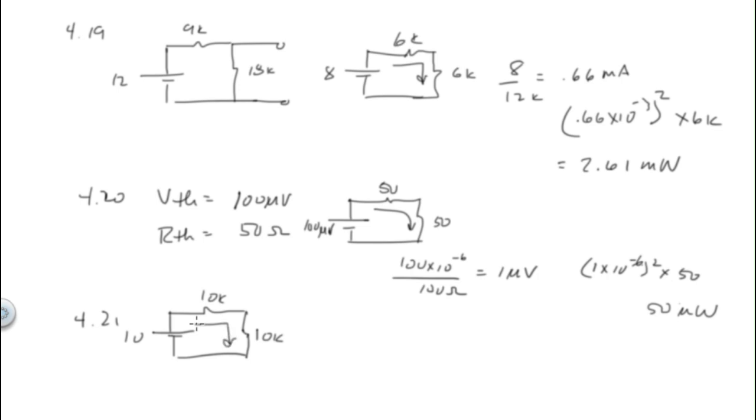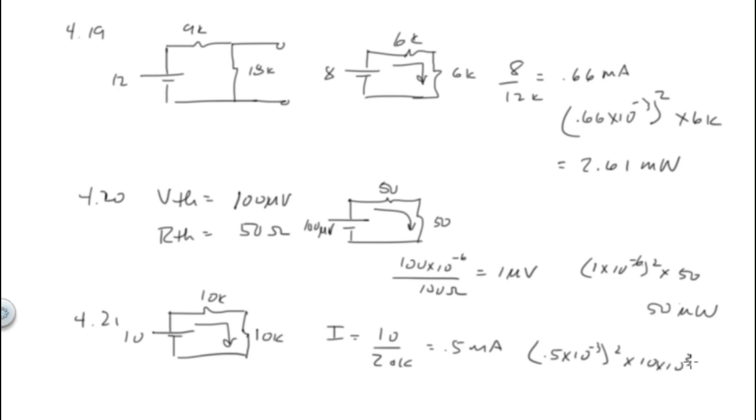So now let's find I. I is equal to 10 divided by 20K. And that would be what? 0.5 milliamps. 0.5 milliamps squared times R. 0.5 times 10 to the minus third quantity squared times 10 times 10 to the third.